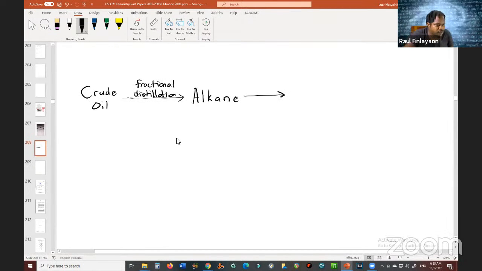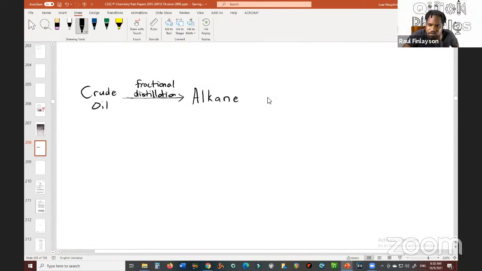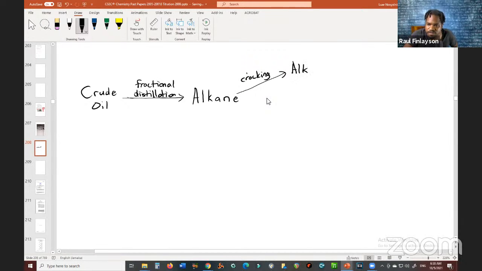Let me see, you probably get some alkenes as well, but we can split this into 2 here. All right, so the alkane now can go through cracking, and you get the alkene.